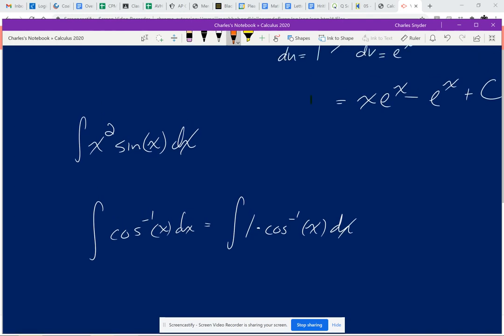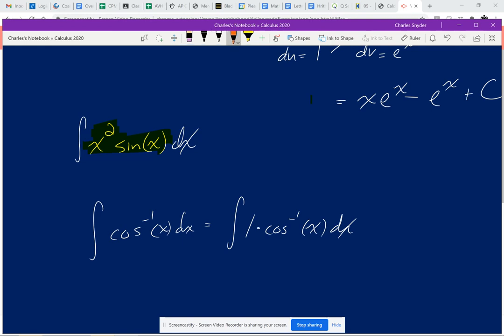So in this example, this is typically what you might get with an integration by parts. And you're going to have two parts, obviously. You're going to have a u and a v, or you could have a v and a u. It's up to you to choose which one's which.